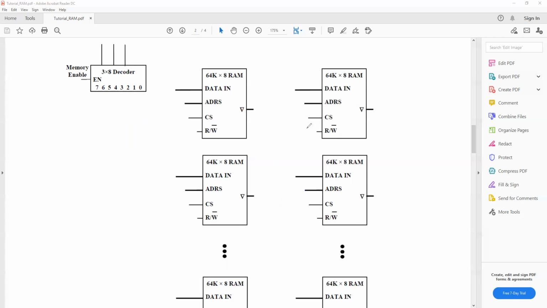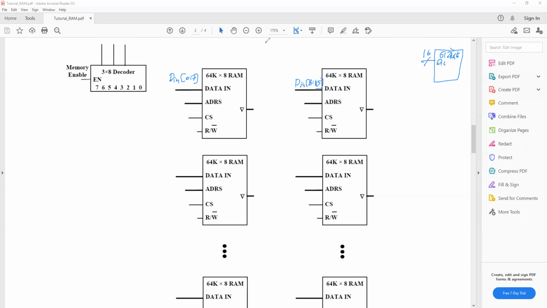Doctor, data in is an ordinary signal, right? Data in is the same as data out. We said this memory is 512K by 16, so the data in of the 512K by 16 is 16 bits, and this one has 8 bits. Therefore, the data in coming from outside, I will route just as we did with data out. This will be data in of 0 to 7 and this will be data in of 8 to 15.